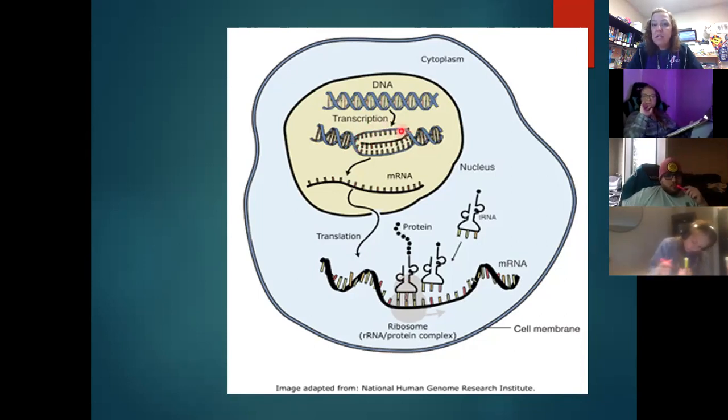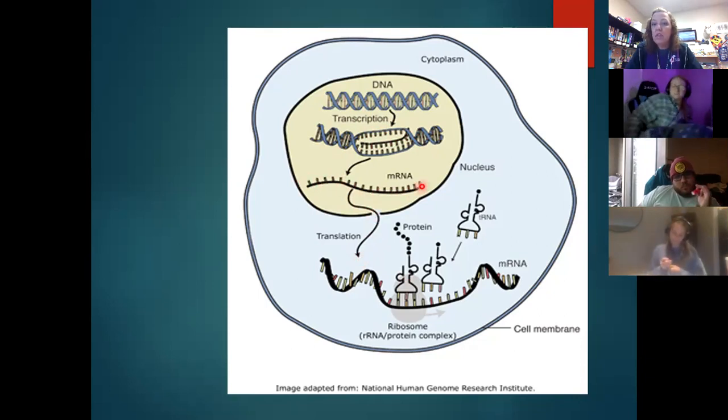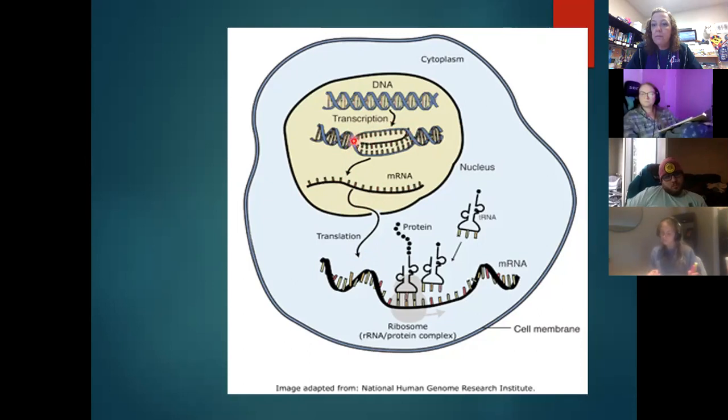Then this RNA is released and moves out of the nucleus. We now refer to this as messenger.